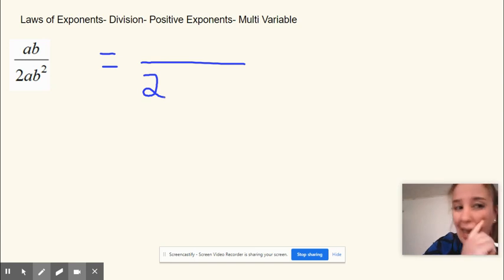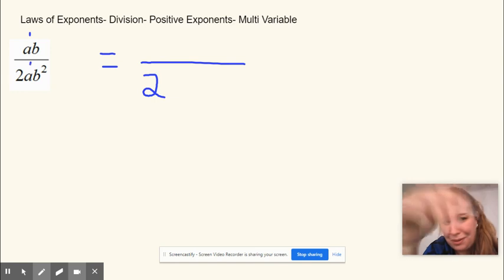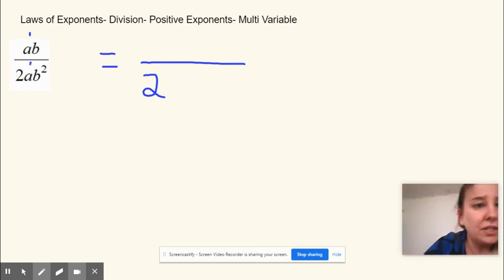Now, if we're dealing with our a terms, you can look at it like, hey, they just cancel out. Boom, done. Or you can say, because they're exactly the same, of course they cancel out. Or you can say 1 minus 1 is 0, and we know anything to the 0 power is 1. So I could put a 1 somewhere if I wanted to, but they're just gone. Now we're dealing with our b terms. We know the leftover b's are going to land in the denominator. 2 minus 1 is 1.